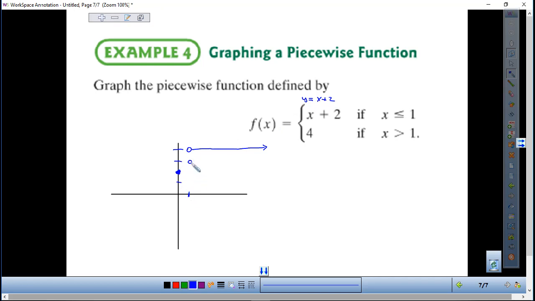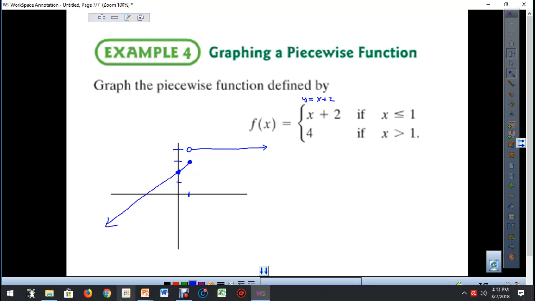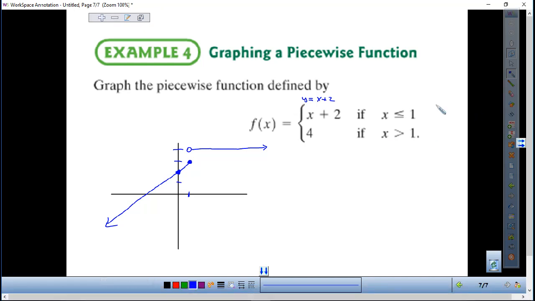Now, is that point going to be included? Well, less than or equal to 1, so yes, it will be. And then all I have to do is connect these dots. You can draw more points if you want to, but that's my piecewise function right there. For all values that are less than or equal to 1, I'm defined by this line. For all values that are greater than 1, I'm defined by this line.